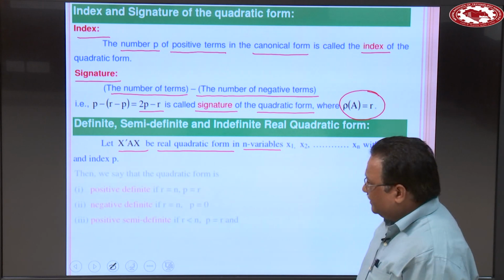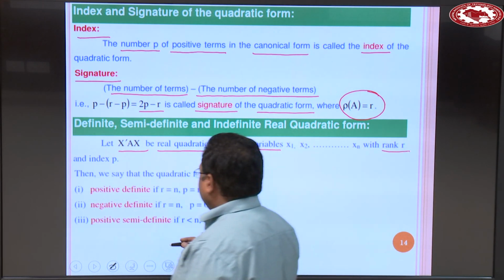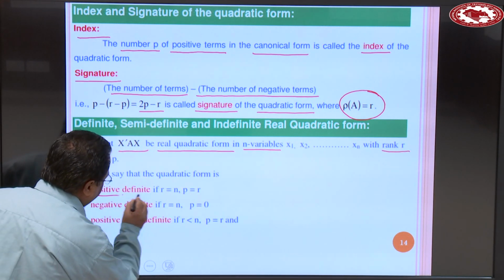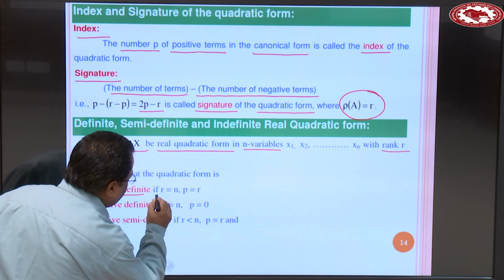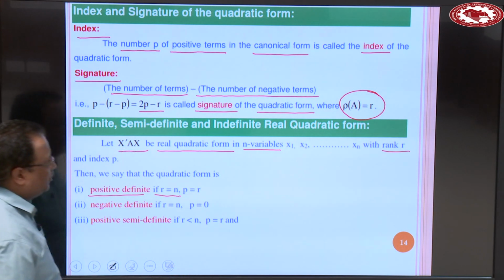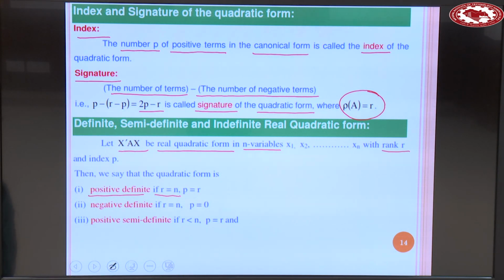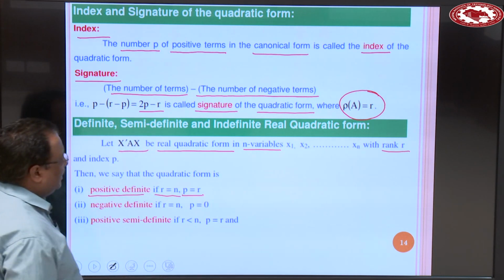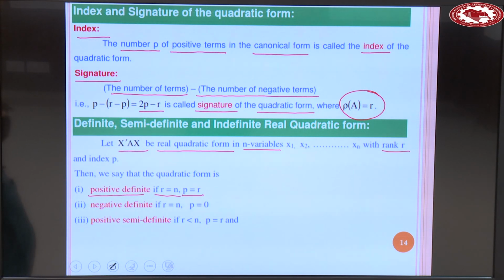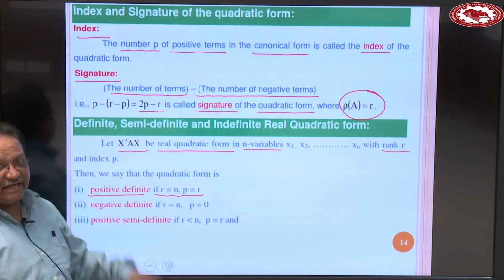Okay. Then we say that the quadratic form is positive definite if rank is equal to number of unknowns, number of variables, and P is equal to rank. P means index. Okay.